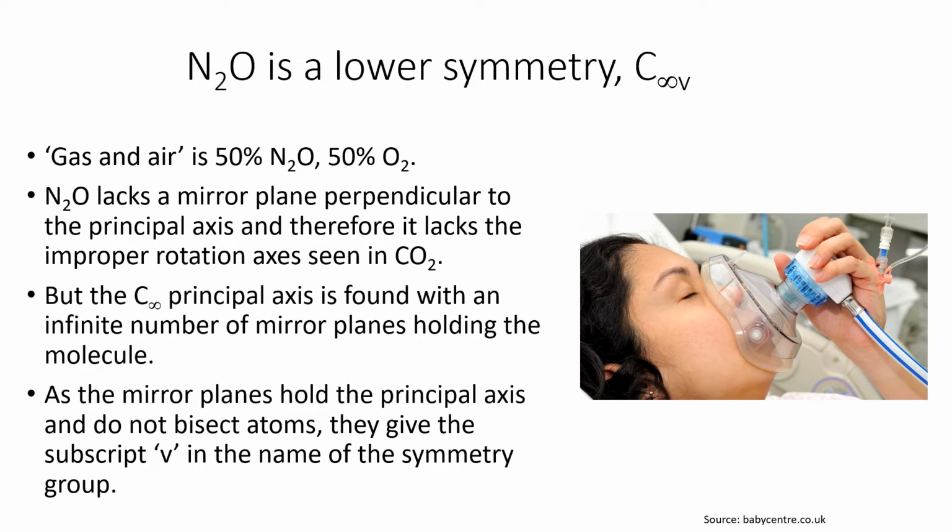If they'd bisected atoms, we would have given it a d, but it doesn't bisect, so we give it a v, and so this really is how we get the name of this symmetry class, C infinity v. So C infinity denoting the infinite fold rotation axis, and v for these infinite number of symmetry planes running along that axis.